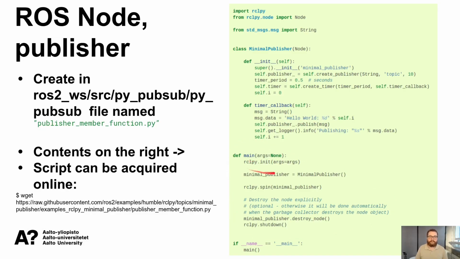We are initializing the ROS Python functionalities. We create an object of the MinimalPublisher class, and here we are then spinning the object, so in a way starting it. And if the node is closed down, here are commands to destroy the node and shut down the ROS Python functionalities.